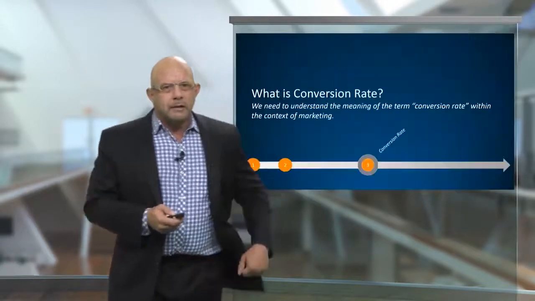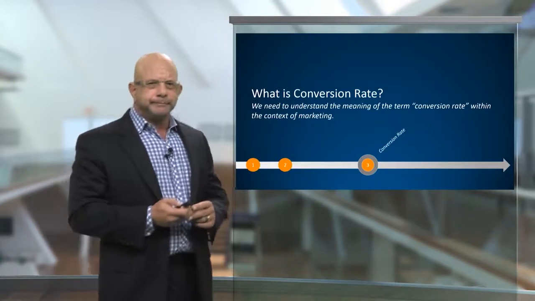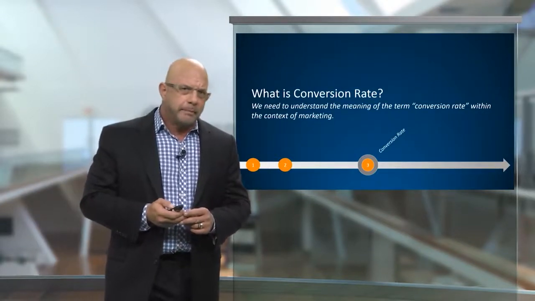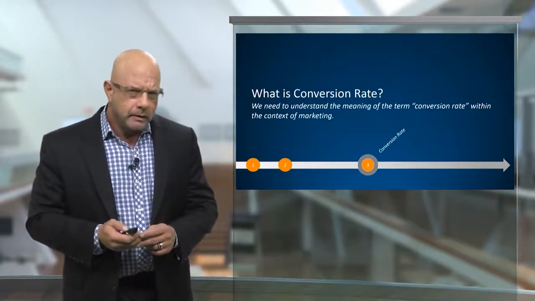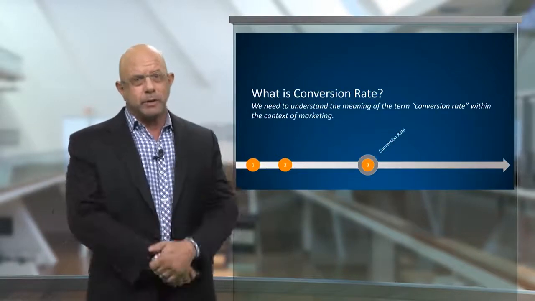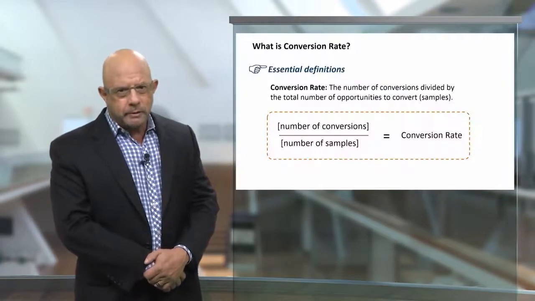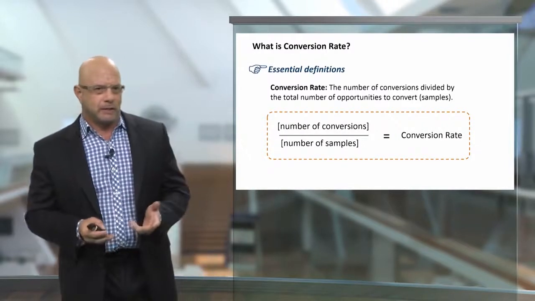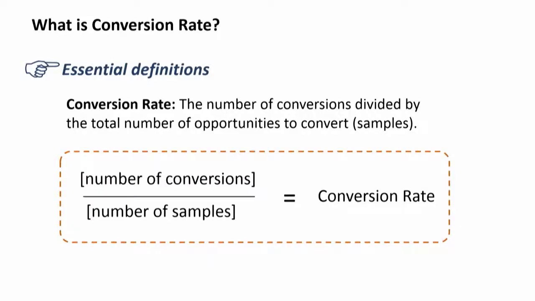Let's keep going. Then we need to understand conversion. By broadening our understanding, we're going to be able to think more deeply about that initial experiment that we shared when this session opened. And you'll see that conversion always involves a sort of division activity, and it's exemplified in this simple slide: the number of conversions divided by the total number of opportunities to convert.